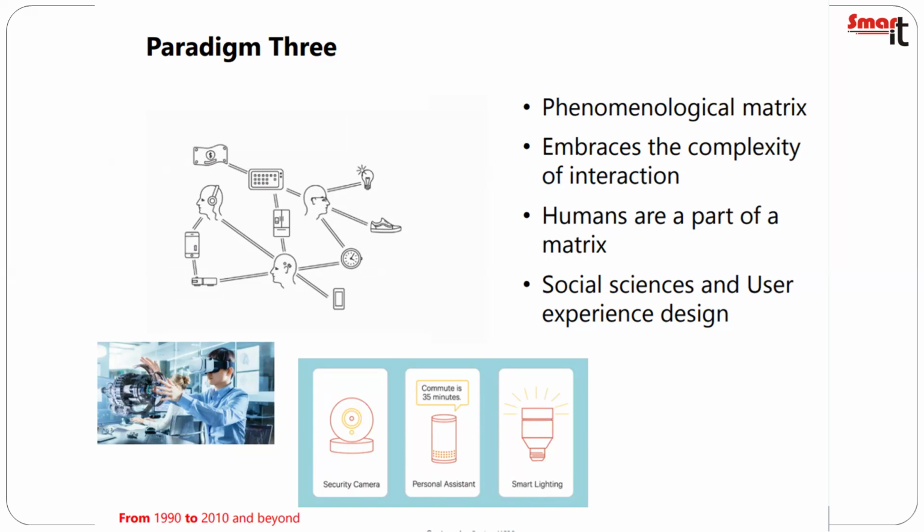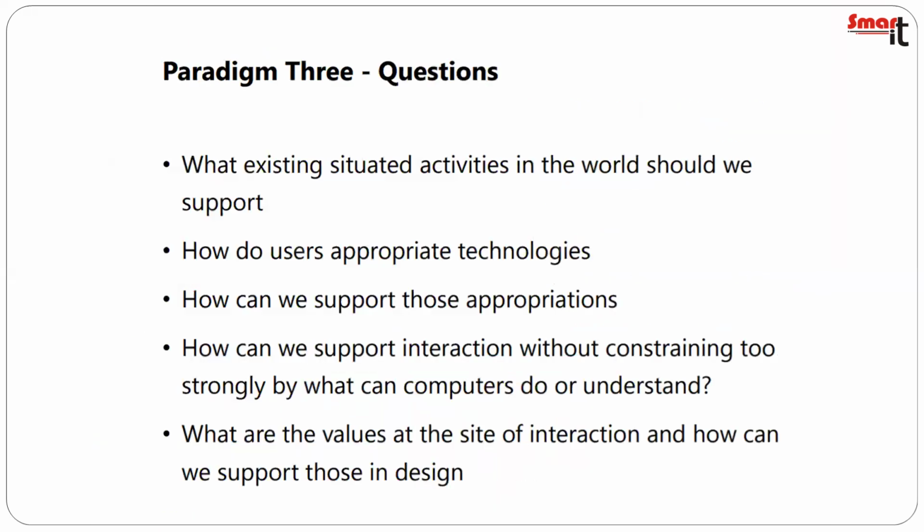In that sense, it is social, and the user really experiences it. This comes from 1990 to 2010. Until that range, we focus on paradigm 3, right? So these are the questions: how do you use that technology appropriately, and how does that interaction support us?